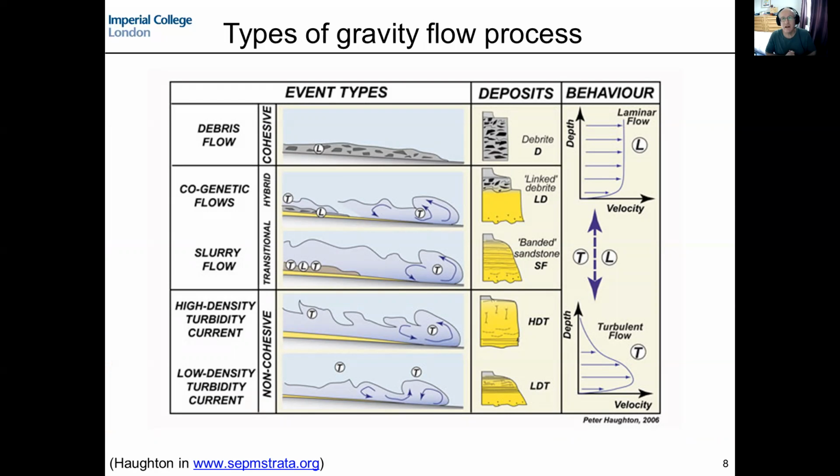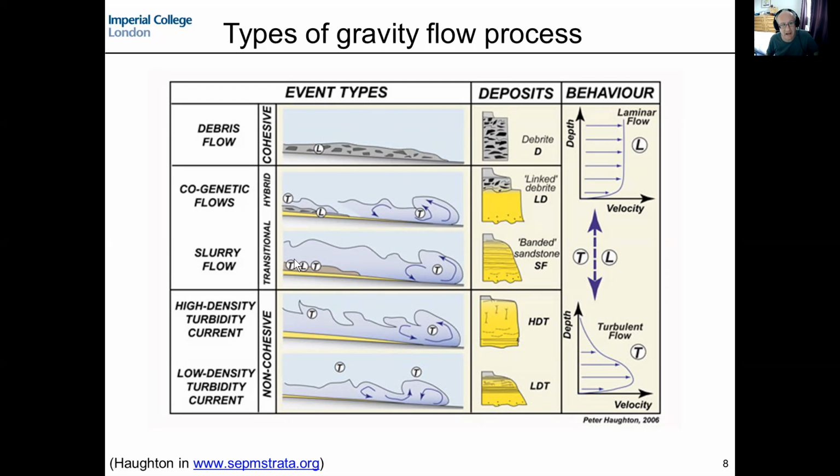Okay, so the two other types of flow and associated beds that we see are debris flows at the top here and turbidity currents at the bottom of this table in here. So this table has names of different types of event beds, of gravity flow beds, on the left.